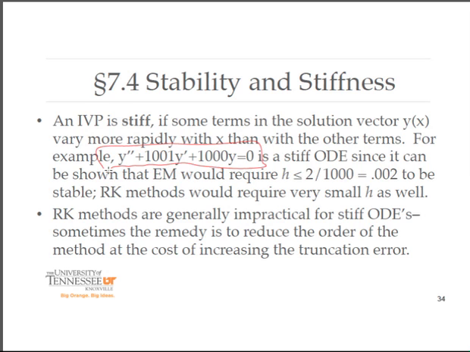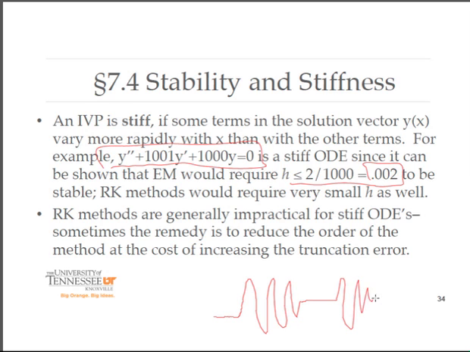You can show that to solve this with Euler's method, your step size would have to be exceedingly small, 0.002, to be stable. And if that's the case, the solution may have very erratic behavior and then be kind of constant and things like this.